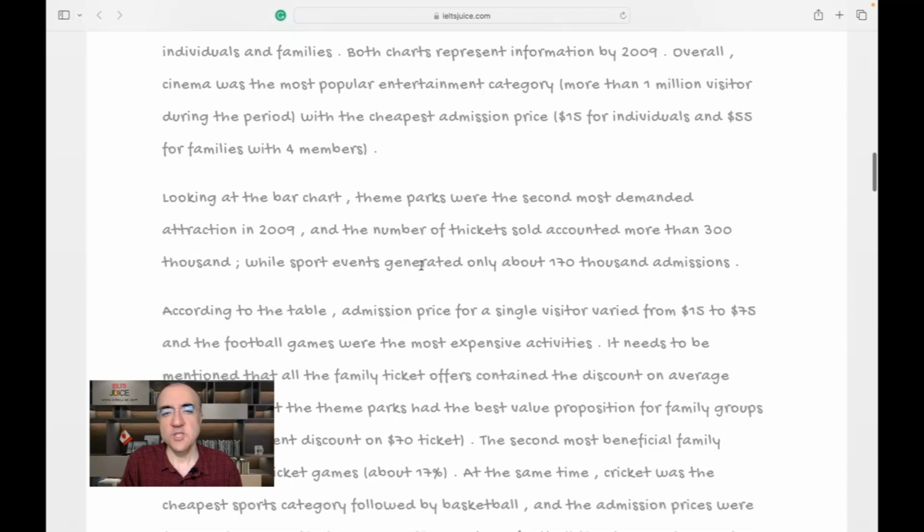I wouldn't use the word generated for admissions, because these are people. And this is also one sign for the assessor. When an assessor sees this, they instantly realize that the information is being reported in a rather mechanical way. They are not going to label it as mechanical. That's a different category.